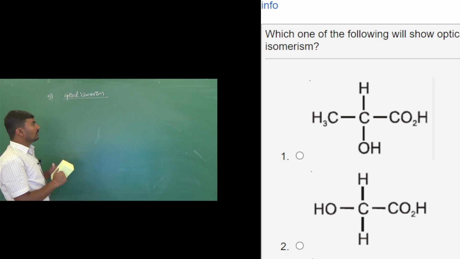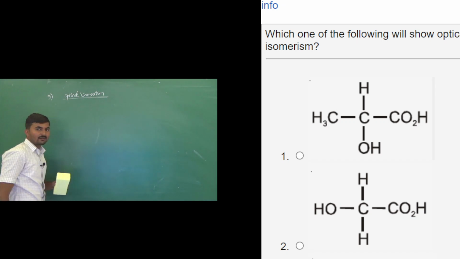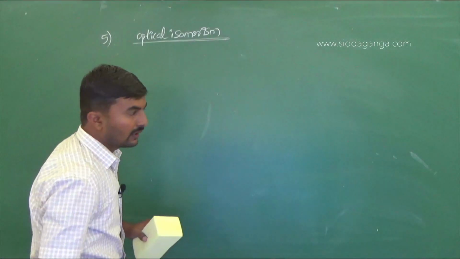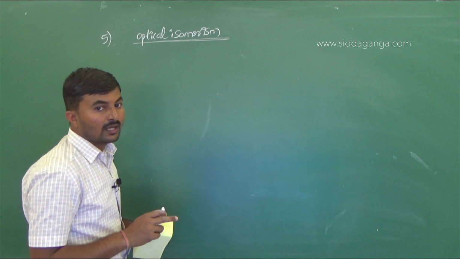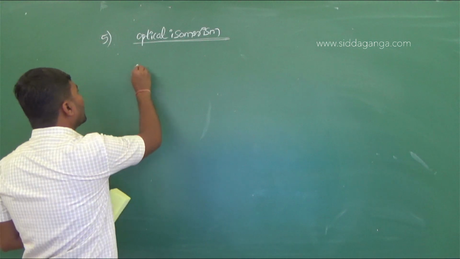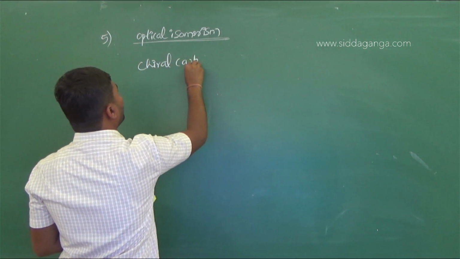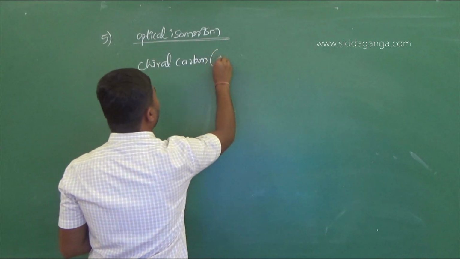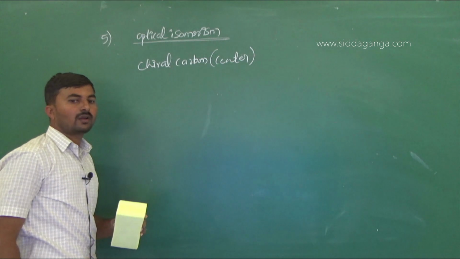For any molecule to show optical isomerism, that molecule must have an asymmetric center or chiral carbon atom. We call them chiral centers or asymmetric carbon atoms.